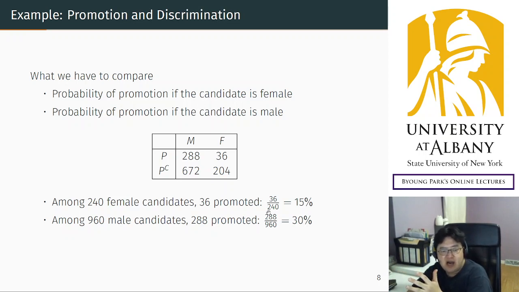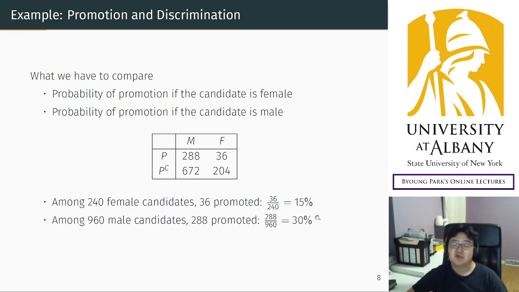Out of 240 female candidates, 36 are promoted, which is 15%. On the other side, among 960 male candidates, 288 are promoted, which is 30%.